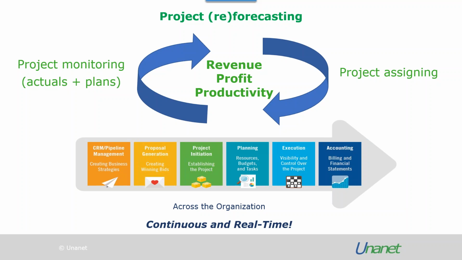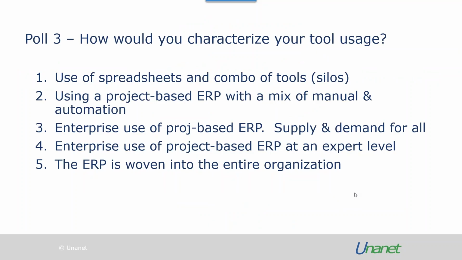Awesome. Well, thank you, Fern. That's very exciting, and it looks like you guys are really on your way with your resource management discipline. So that gets us to our next poll. How would you characterize your tool usage?